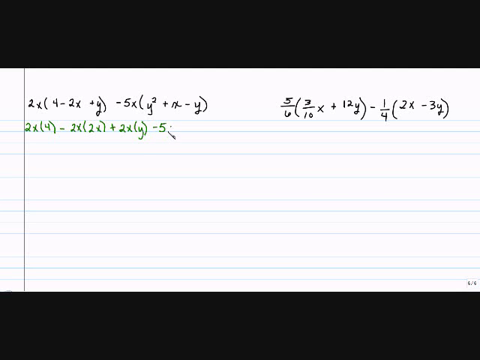I have a negative 5x times y squared. I distribute the negative 5x to the positive x. And I have the negative 5x to the negative y. Notice I didn't write the plus x, you can just write x because it's assumed that it's positive.